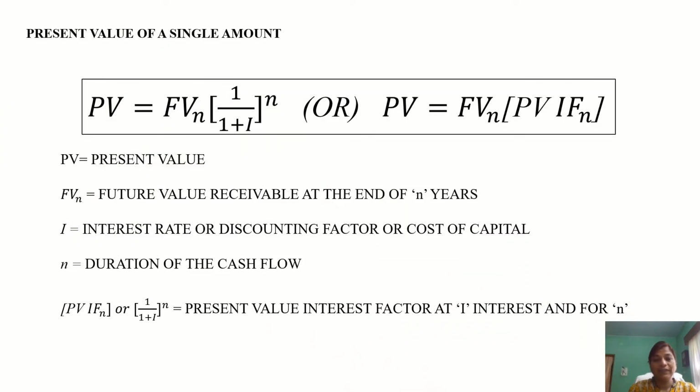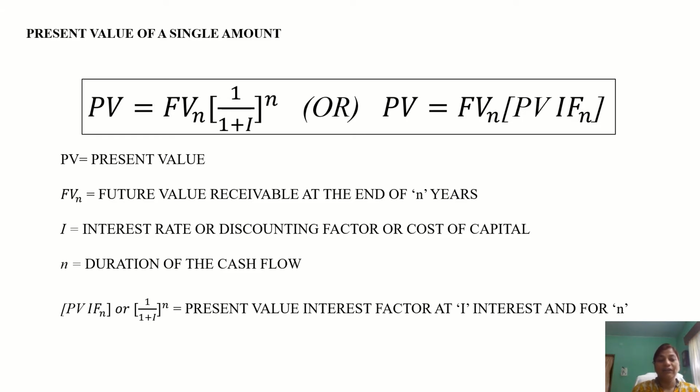Now, in present value, we will calculate if a single amount is being generated. The formula that we use is PV is equal to FVn into 1 by (1 plus i) whole power n, where PV is the present value, FVn is the future value receivable at the end of n years, i is the interest rate or discounting factor or cost of capital, and n is the duration of the cash flows.